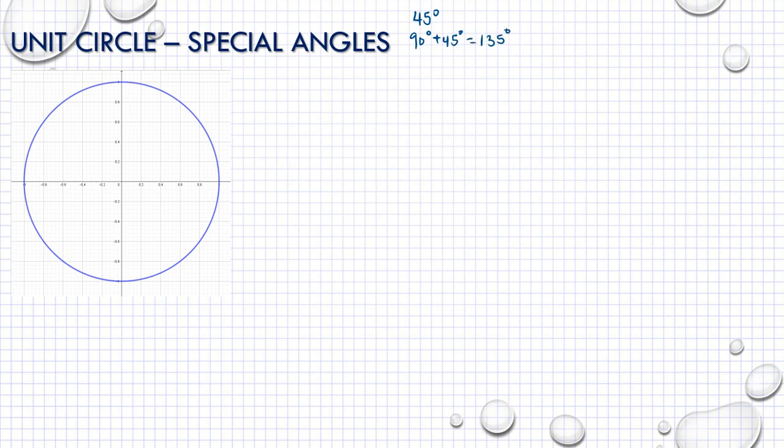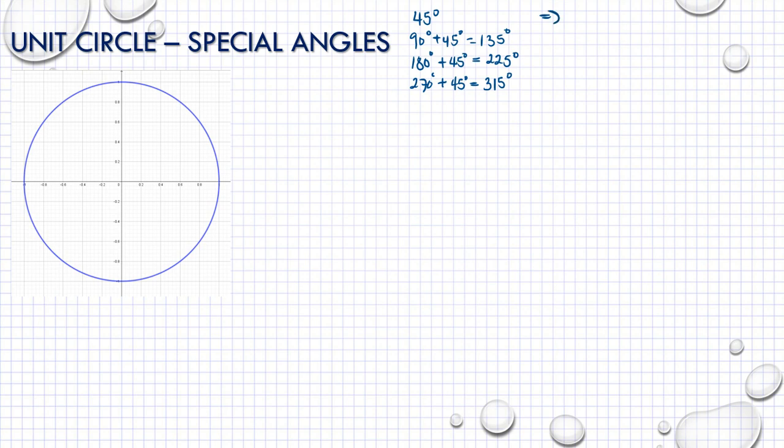And in the third quadrant, we have 180 plus 45 degrees, that is 225 degrees. And in the fourth quadrant, we have 270 degrees plus 45 degrees, that is 315 degrees.